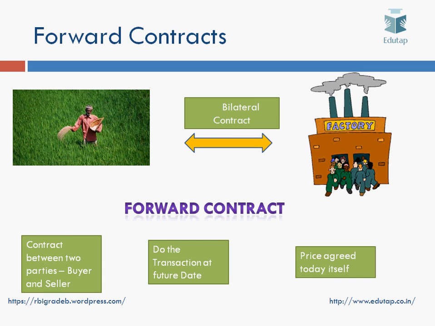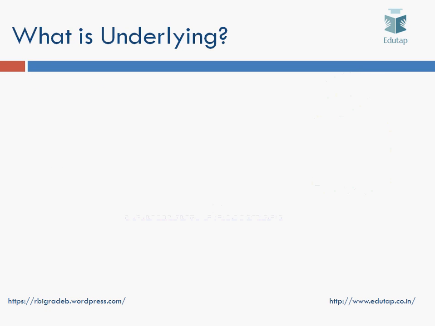And the price at which the transaction would be concluded is agreed today, that is 15 rupees per kg. After 30 days the price might be 10 rupees per kg or even 20 rupees per kg, but the transaction would be concluded at 15 rupees per kg. So basically they both entered into a contract today to do a transaction at a future date, the price for which is already agreed today.